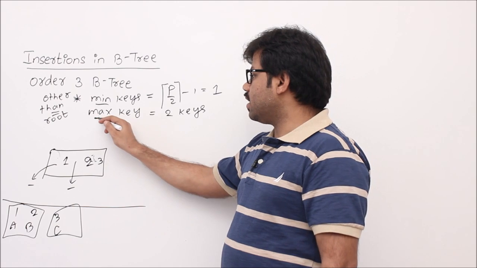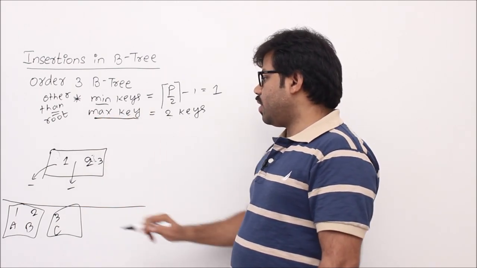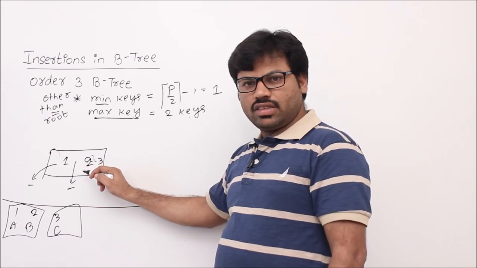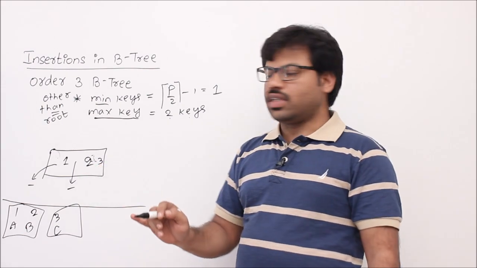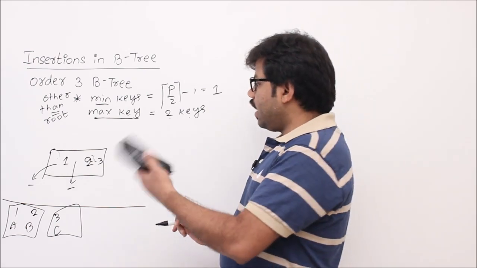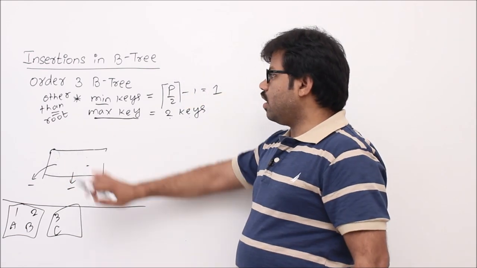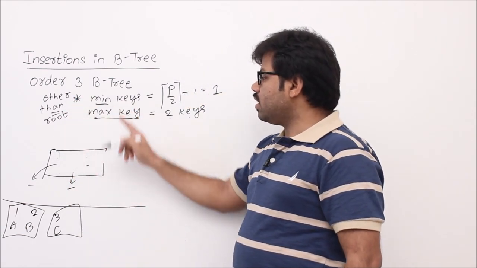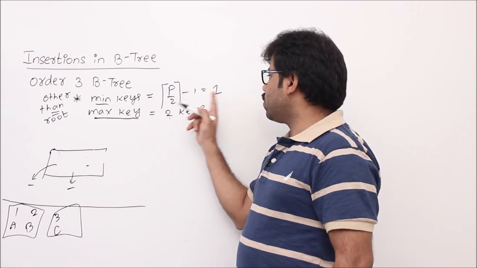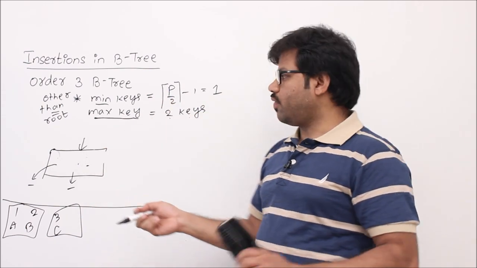So the maximum key condition is violated. Maximum keys should be 2, but we now have 3 keys. Then we have to do something. That is node splitting. We'll see the node splitting algorithm. Before that, initially we had only one key, right? Initially empty. Other than root, the minimum keys in any node is p by 2 minus 1, which is 1, but we have 0. Since it is root, root has an exception first of all.